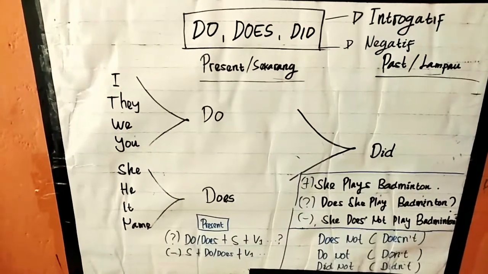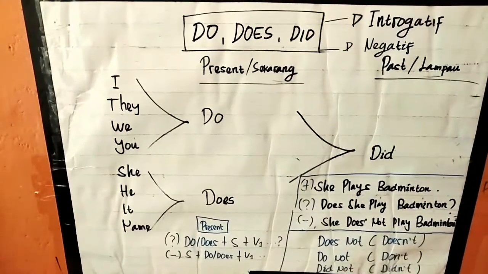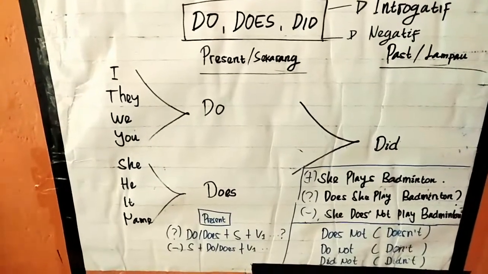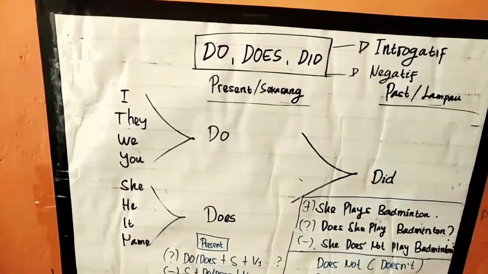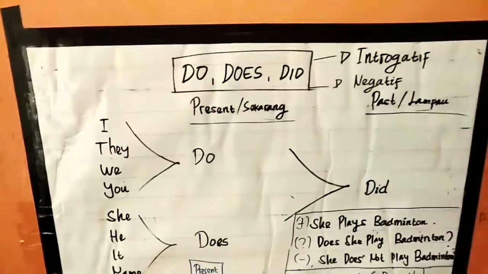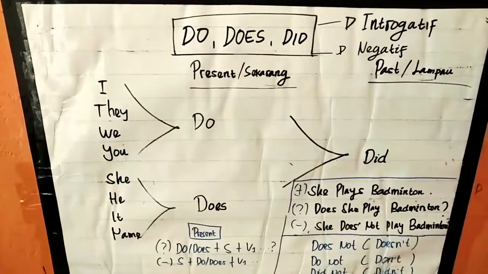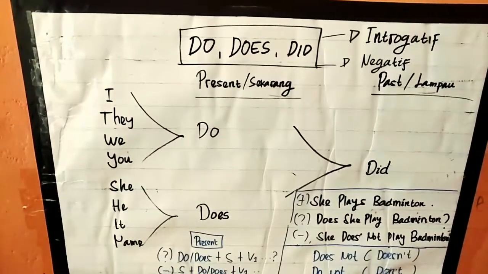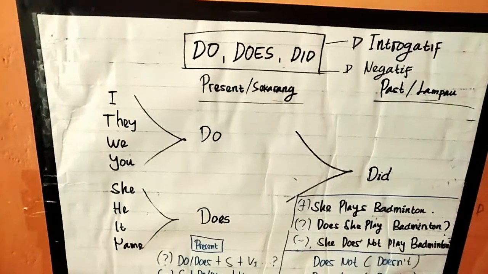The first we use for interrogative, and the second we use for negative. You can see here interrogative and negative. And then do, does, did has a formula pattern.